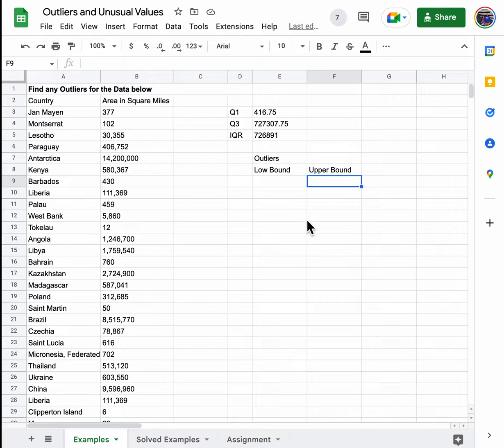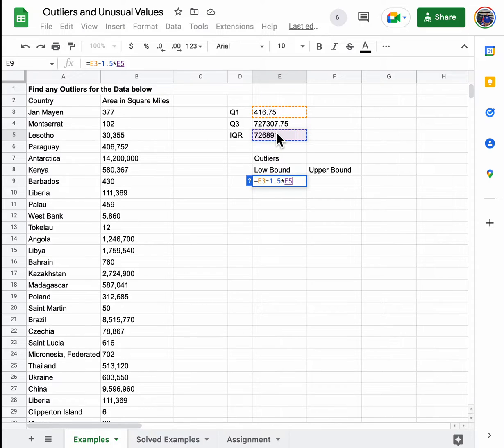So the low bound is going to be, if you think about the formula, sometimes they call it LQ, so I'm stumbling a little bit, but Q1 minus 1.5 times the IQR. So I'm going to say equals, I have my Q1 here, minus 1.5 times the IQR.